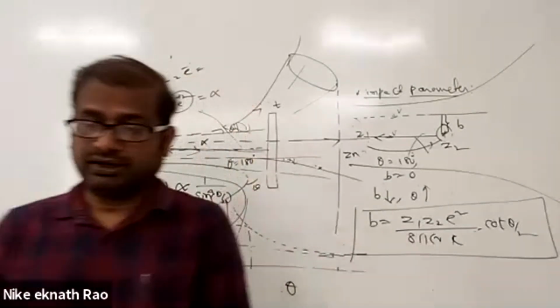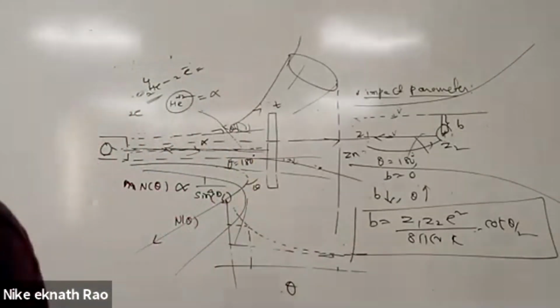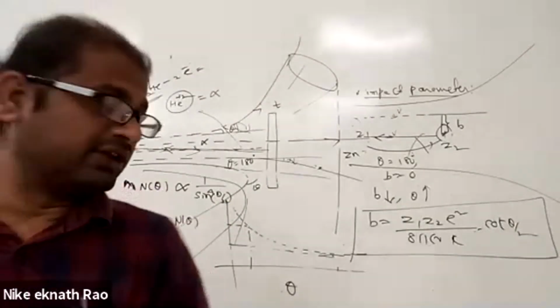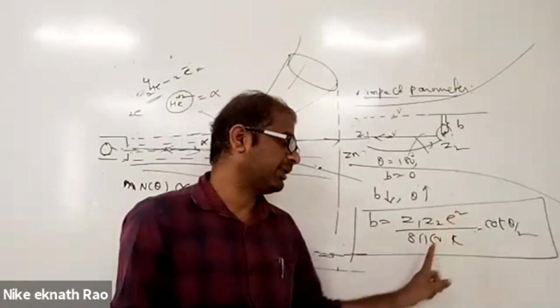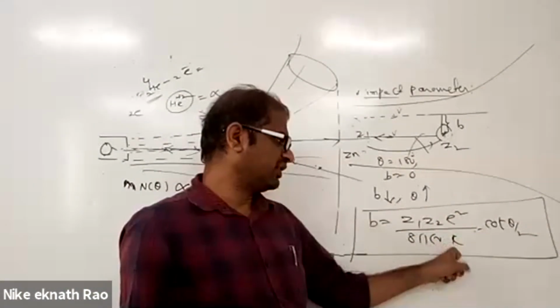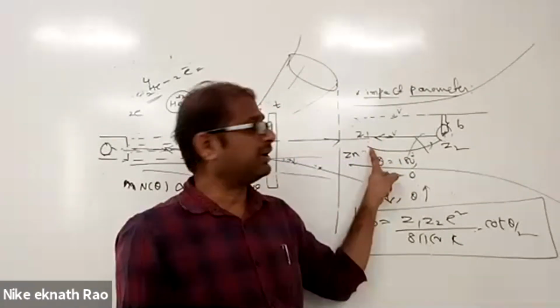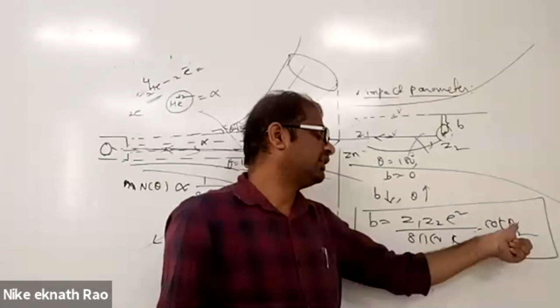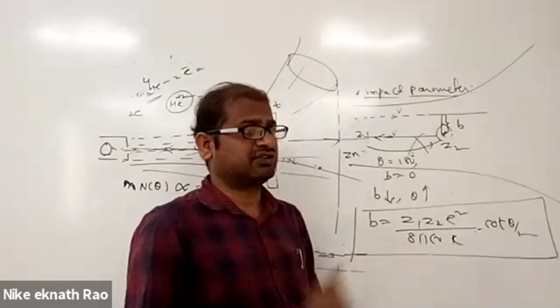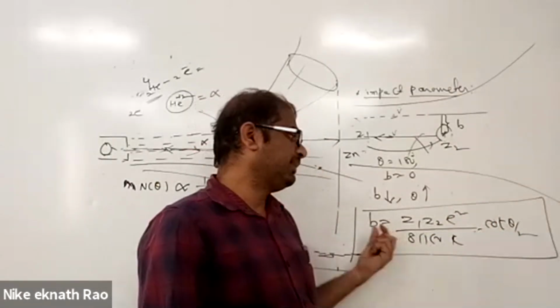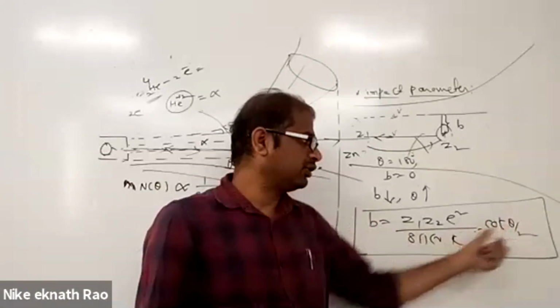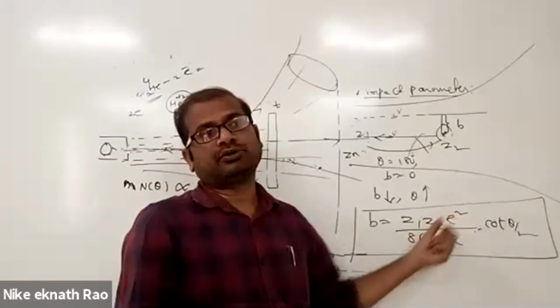So now the relation between the impact parameter and this particular value: b is equal to Z1 Z2 e square by 8 pi epsilon naught K. K you can call the kinetic energy of the alpha particles, and theta is called the angle of scattering. This relation is given. And moreover, if I take b equal to 0, cot theta by 2 is equal to 0, which I can write as 1 by infinity.